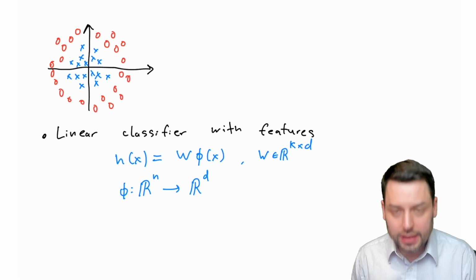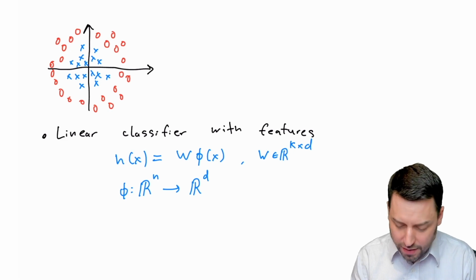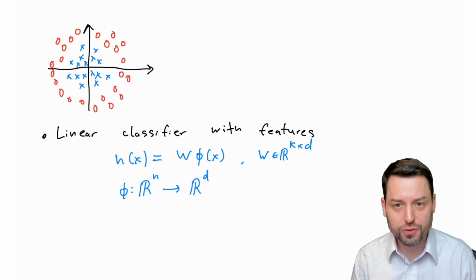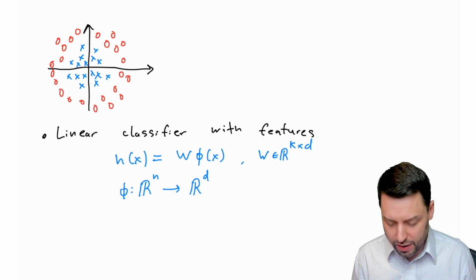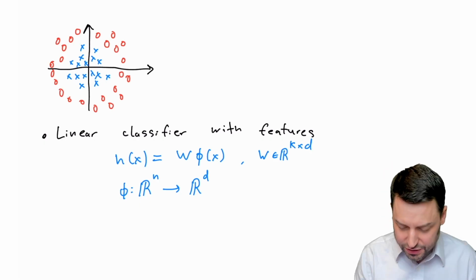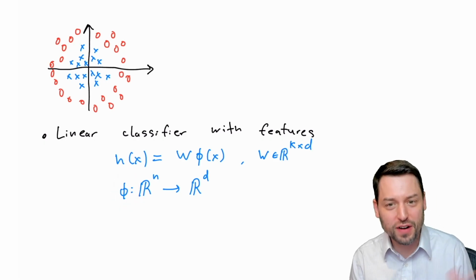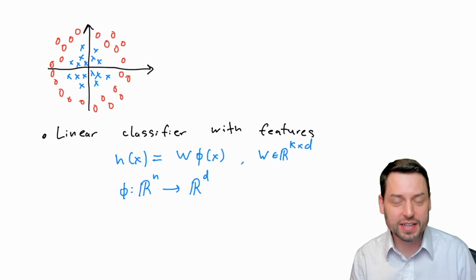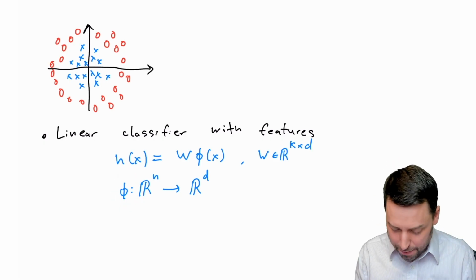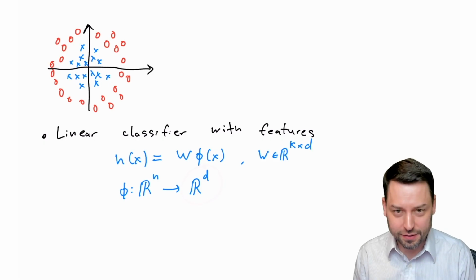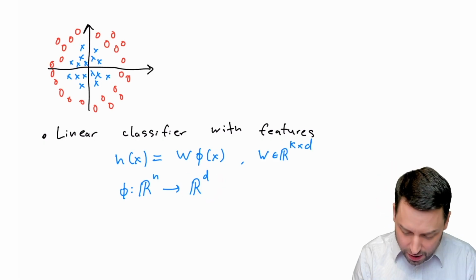Okay, so let's think a little bit about what features might work here. I'm being very abstract here. This is just some function that takes as input examples in our input space and produces some other set of features.